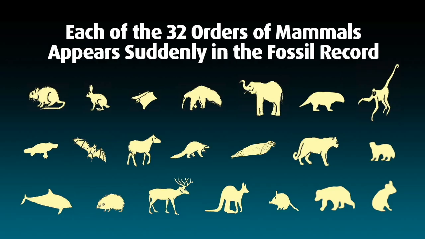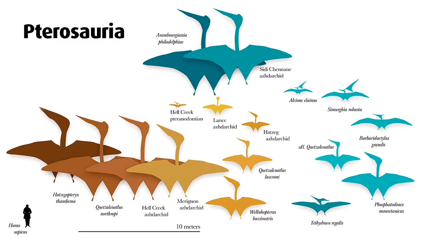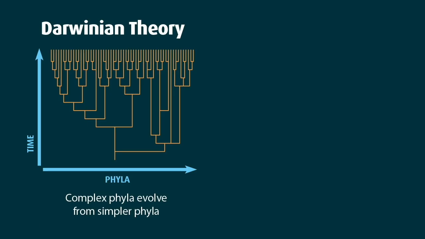In the world of mammals, each of the 32 orders of mammals appears suddenly in the fossil record with no ancestors. And even among dinosaurs, for instance, the pterosaurs, which are the flying dinosaurs, there are no intermediates in the fossil record between any of the pterosaurs and their supposed non-flying dinosaur ancestors. Here's what we're told.